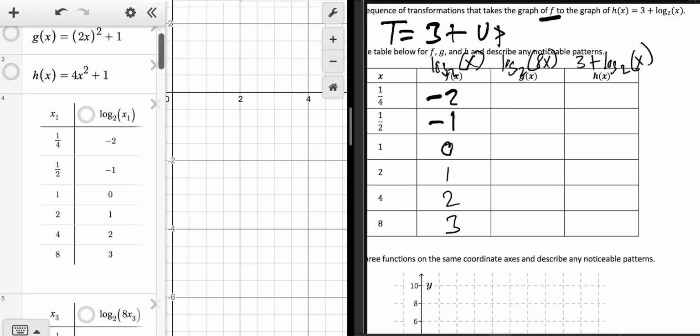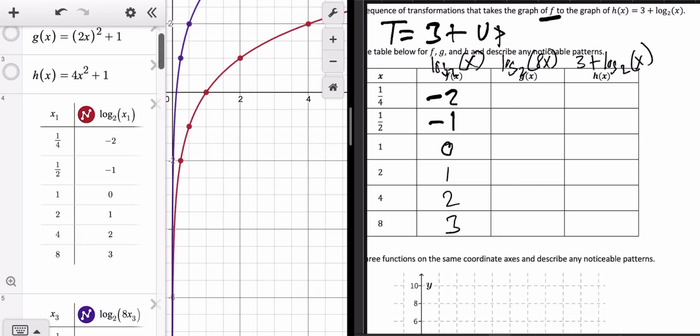So let me graph those over here for you. Here's our original graph. Now, here's our log base 2 of 8x graphed. So what's happening here? This is a horizontal scaling, and it's by 1/8.